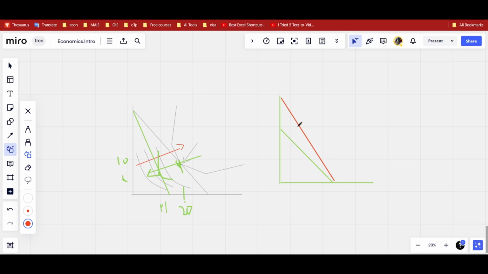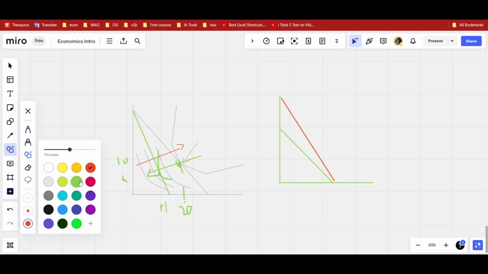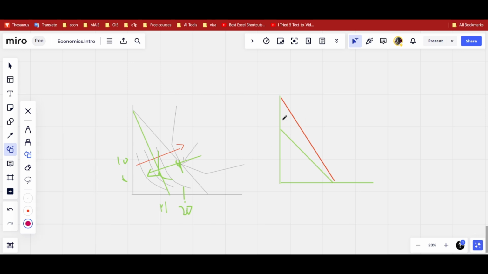And what we're saying is that the substitution effect is going to be parallel. So you draw an imaginary line that is parallel to the new budget line. This one, right? It has to be parallel. This imaginary budget line is parallel to the new budget line.